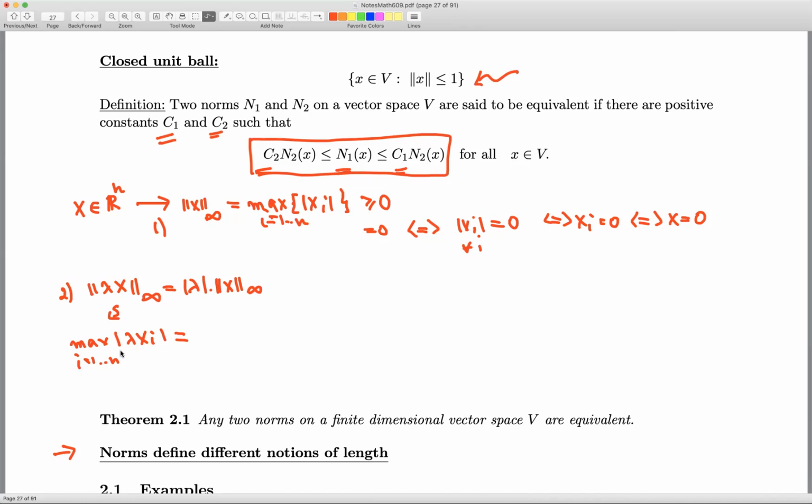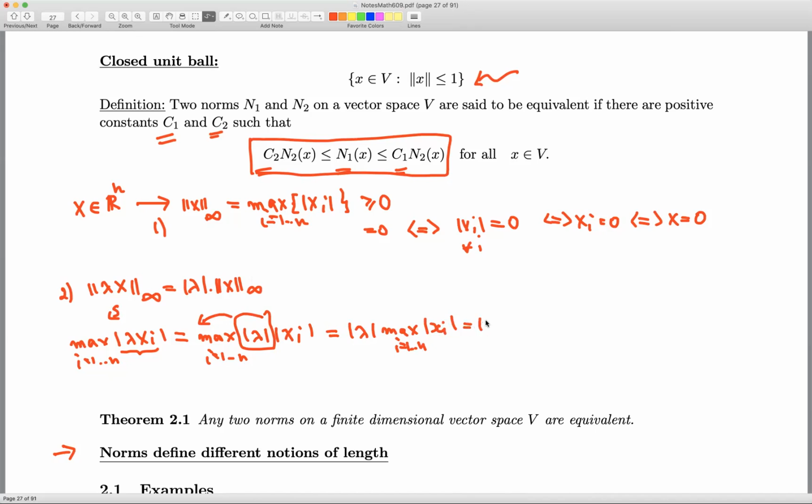We know that the absolute value, these are now numbers, so we can write it as a maximum of the absolute value of lambda times the absolute value of xi, i from 1 to n. And because the absolute value of lambda is a positive number, this can get in front of the maximum. So this is the absolute value of lambda times the maximum, i from 1 to n, of the absolute value of xi.